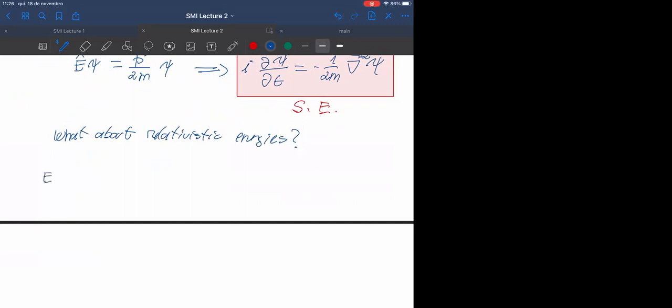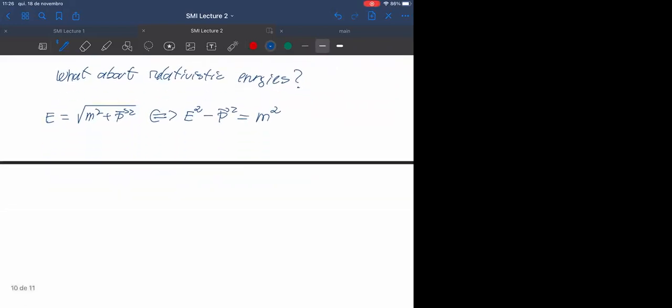So let's pick up the energy of a relativistic particle, which is given by E squared equals m squared plus p squared. In fact, you can write this as E squared minus p squared equal to m squared. And use the same, you just promote these two operators and apply them to a certain field phi here. And there is a reason for me to call it phi at the moment.